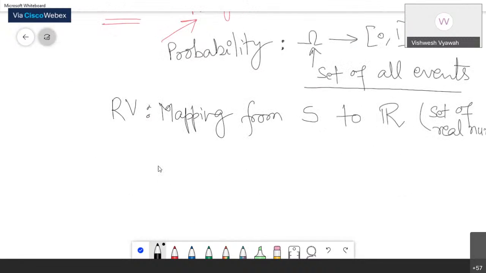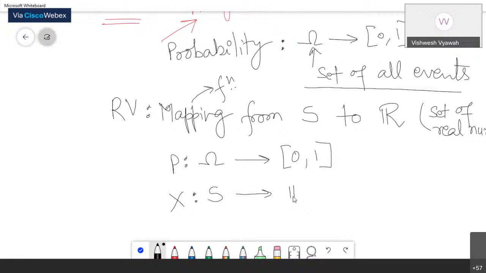So we have one mapping, probability, which goes from sigma to 0 comma 1, and we have a random variable X. It is denoted by X. Remember, even though it looks like a variable, or it is also called a variable, it is basically a mapping or a function. A random variable is a function from S to R, the set of all real numbers.